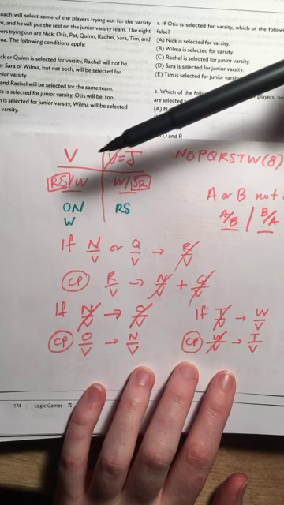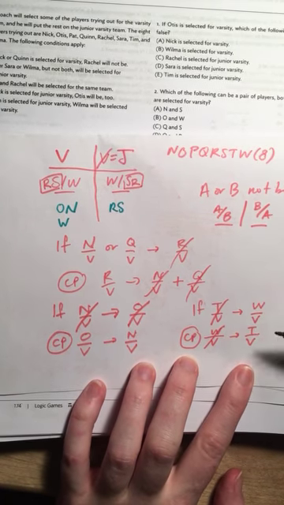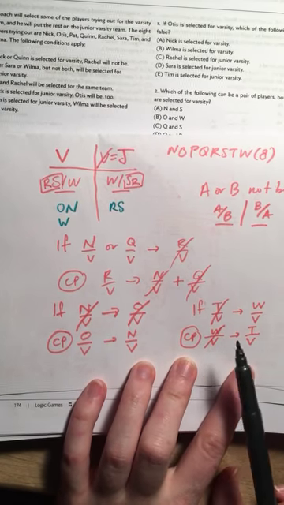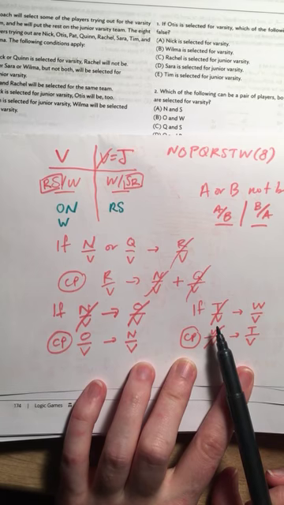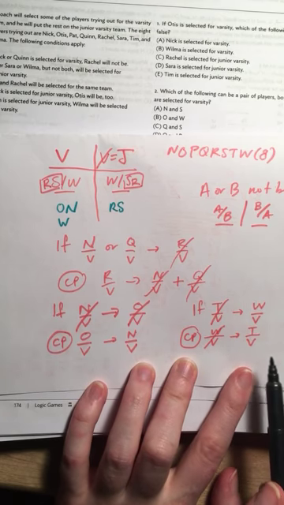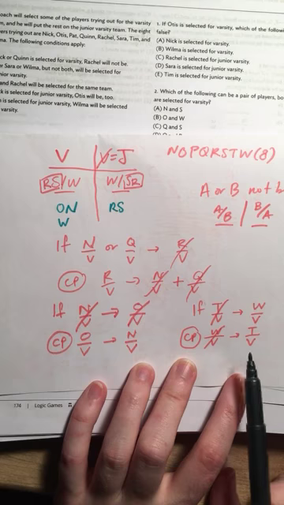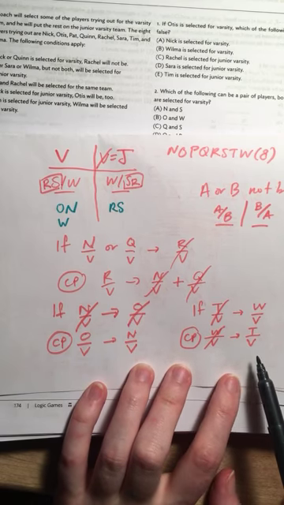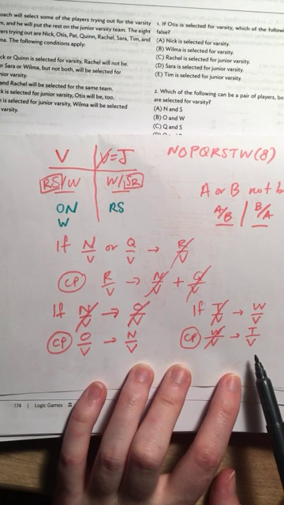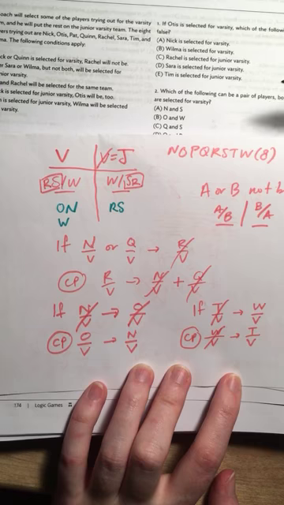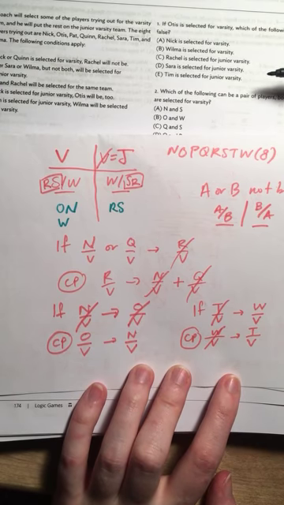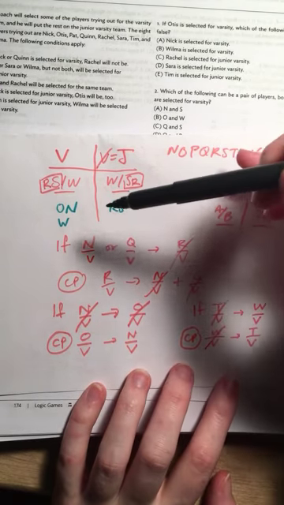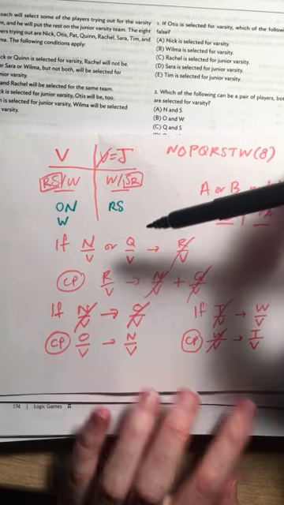So Tim could be selected for varsity, because W being selected for varsity doesn't mean for sure that Tim is on junior. W being selected for varsity isn't a trigger, so this rule doesn't apply in this case. So this rule is no longer relevant, which is why E is possible. All the other ones were triggered because something on the left side was true, right?